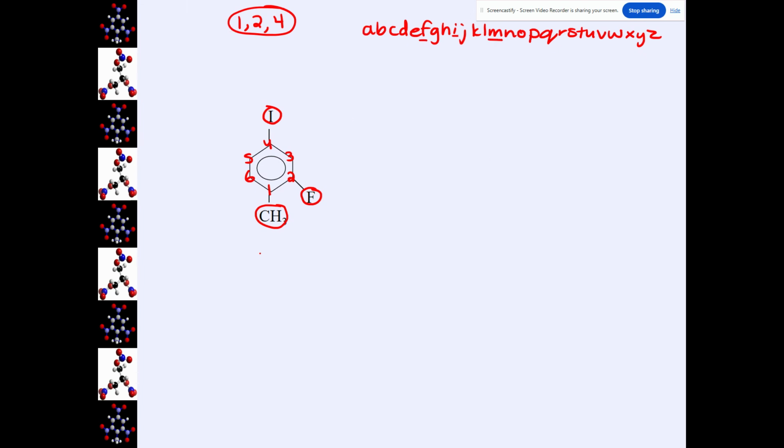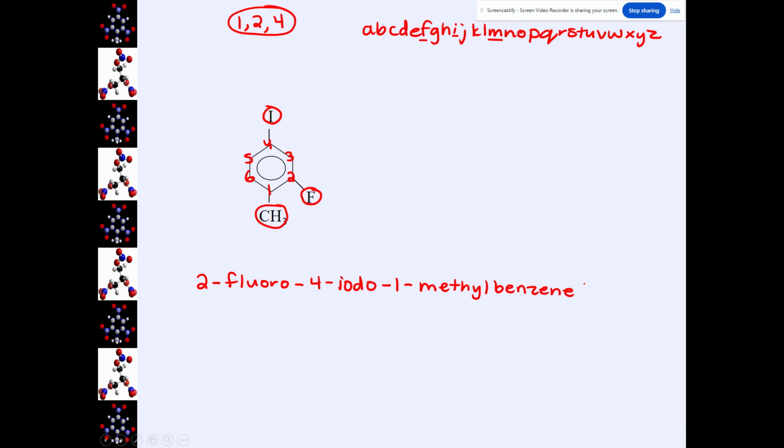So the fluoro is going to go first. So it's going to be 2-fluoro, my iodo's next, 4-iodo, 1-methyl, and my parent is benzene.